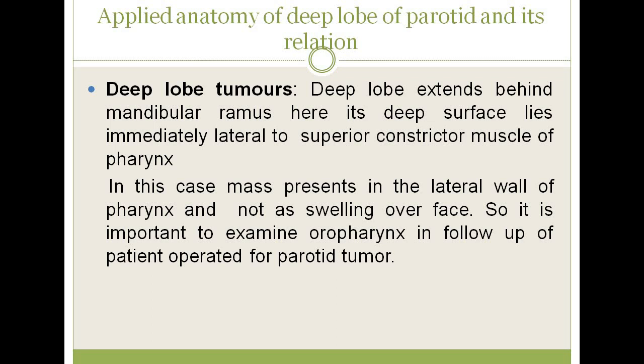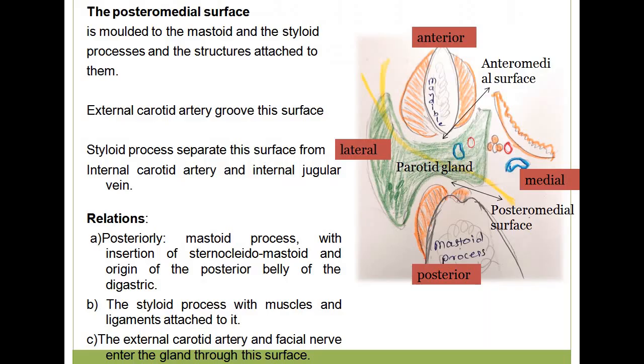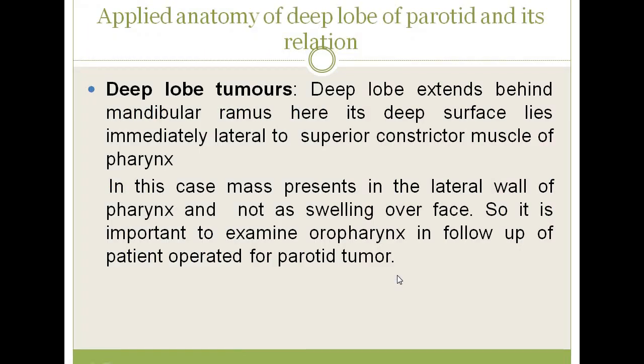So this we have to remember, that in case of a tumor in the deep lobe, the swelling will not be over the face, but it will be compressing, or protruding from the medial side and compressing the pharynx. So in this case, we have to examine the oropharynx of the patient.